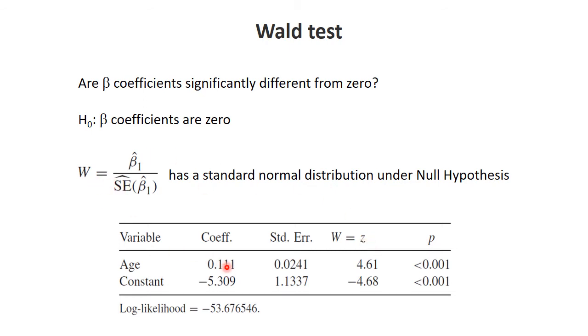So for example, if you take this number divided by that number, you get this number. Of course, it's a very high number, and the same for the constant is a very high negative number. So it's unlikely that the null hypothesis holds, and it can be rejected.